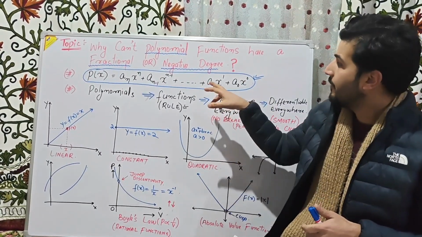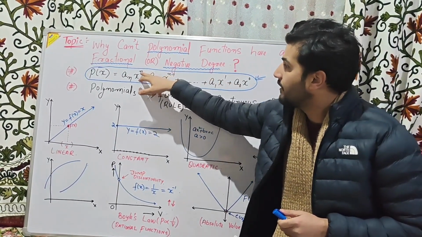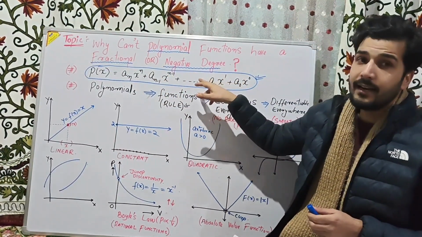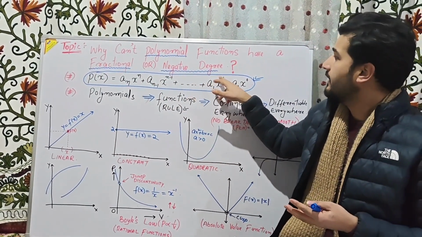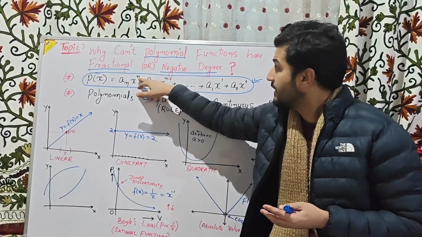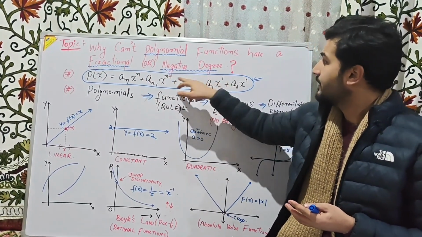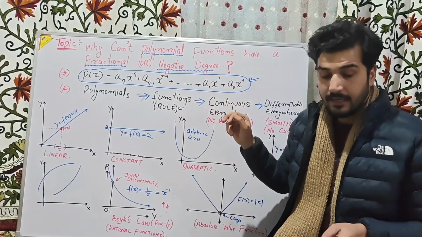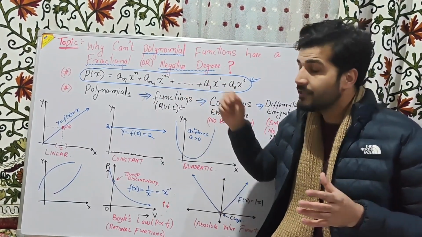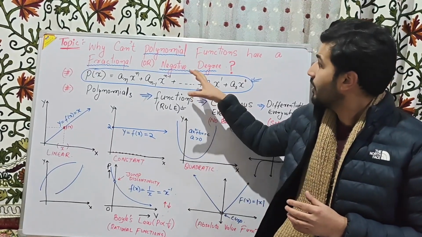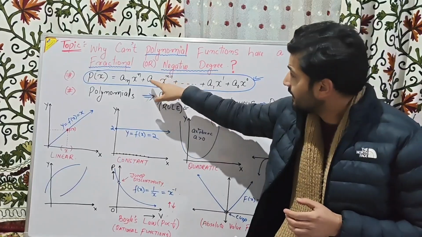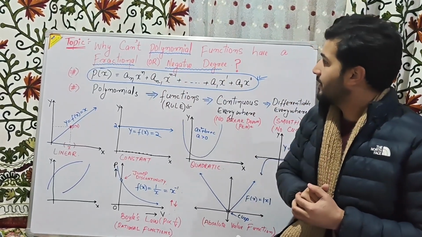Now it depends upon these powers, n, n minus 1. It can be clearly seen that these exponents are whole numbers. They are neither fractions nor negative numbers, right? So this is the general form of the polynomial function.